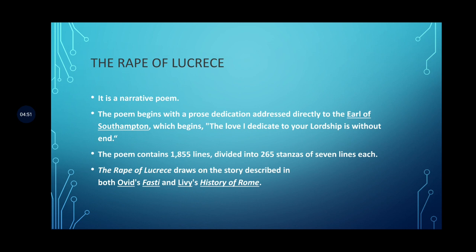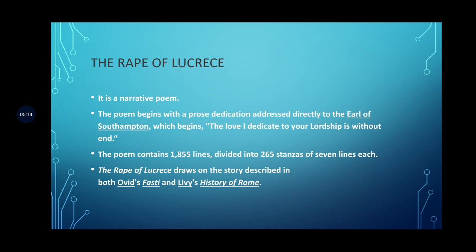Now there is a long narrative poem, The Rape of Lucrece. This poem begins with a prose dedication addressed directly to the Earl of Southampton, which began, how does it begin? The love I dedicate to your lordship is without end.